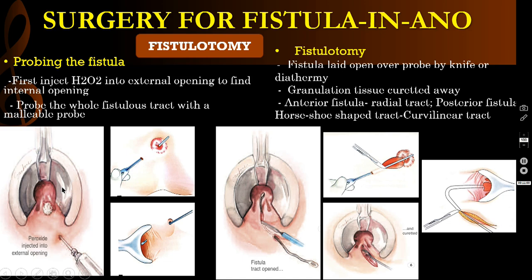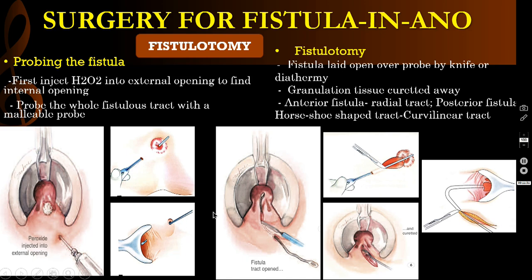First, inject hydrogen peroxide into the external opening to find the internal opening. Before that, you have to put an anal speculum. You can see the bubbles through the internal opening. After that, you can put a malleable probe into the external opening, which comes out through the internal opening, like this.